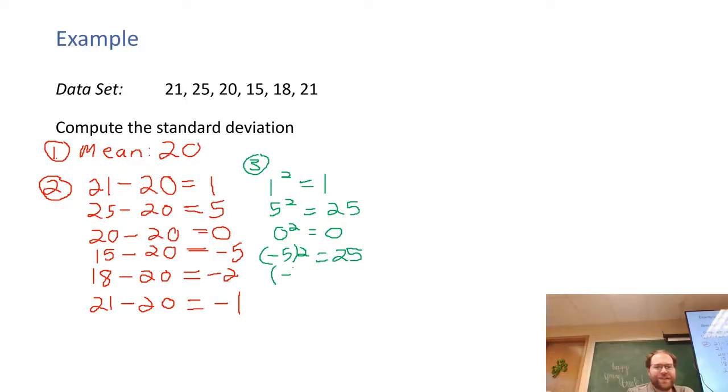Then negative 2 squared, 4. And then negative 1 squared, 1. So that's the third step there.